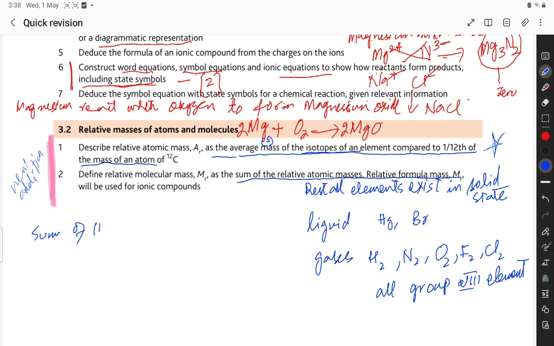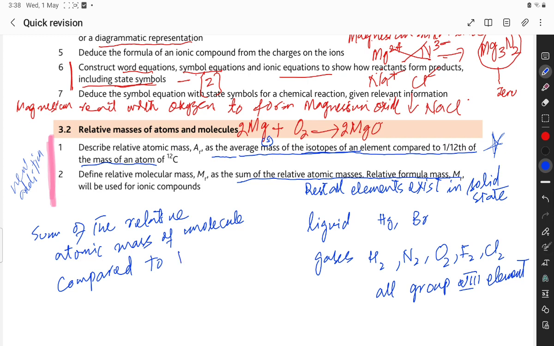This is the relative molecular mass: the sum of the relative atomic masses of the molecule compared to 1/12 of the mass of an atom of C12.